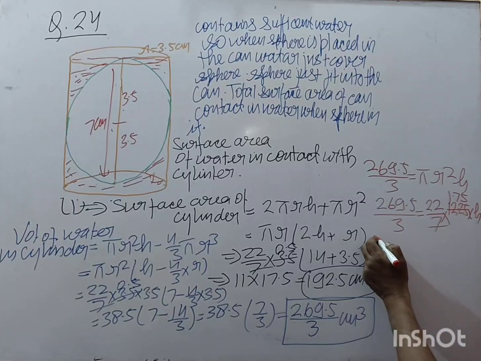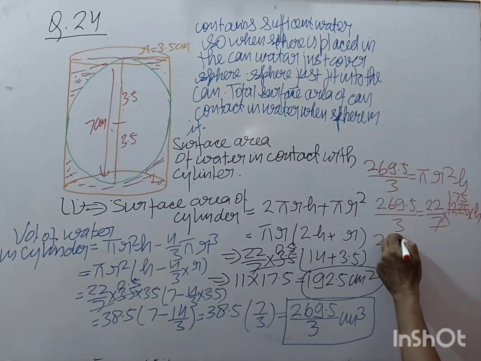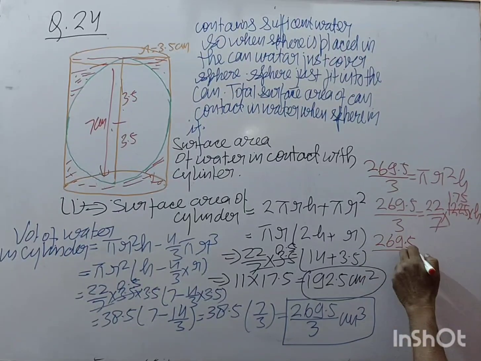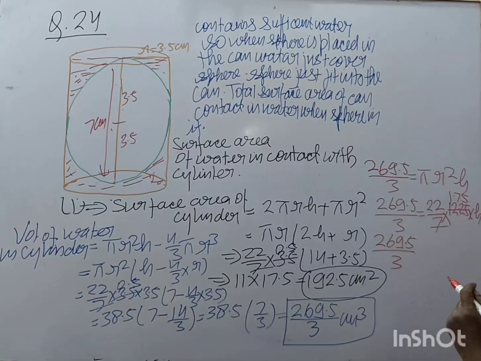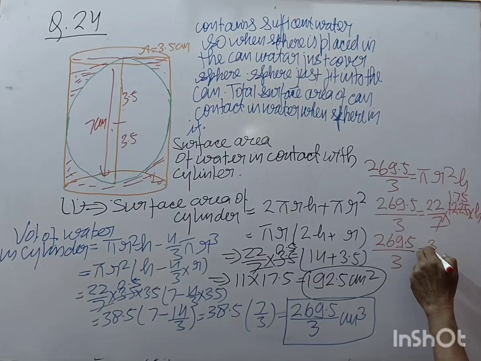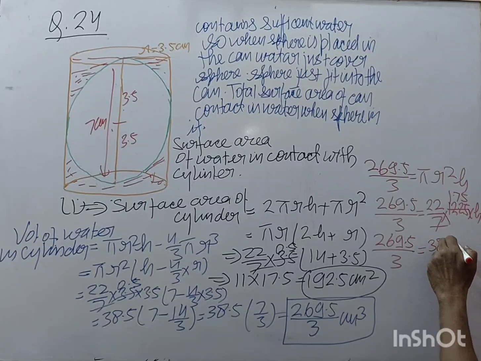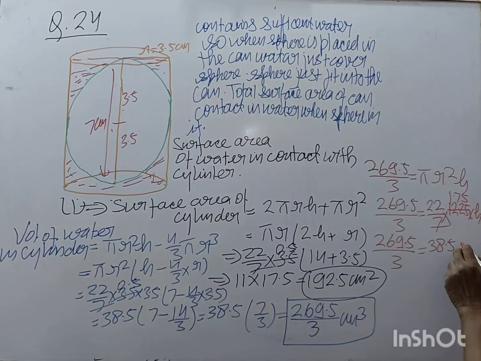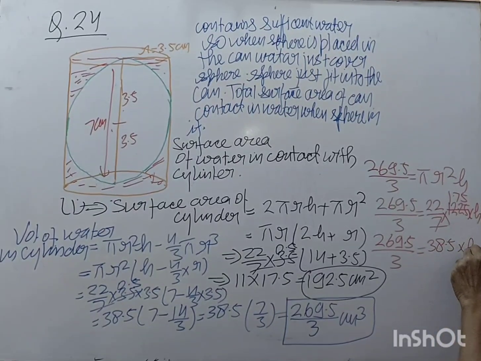So 269.5 divided by 3 is equal to 38.5 into h.